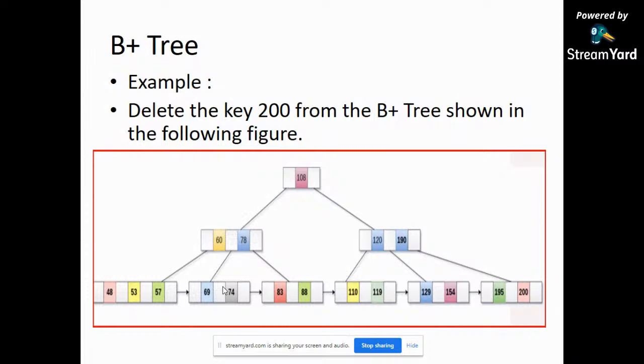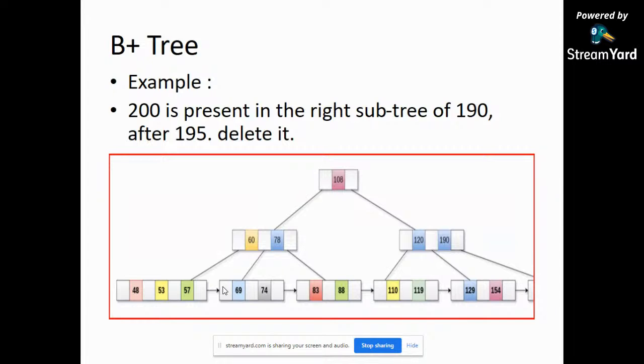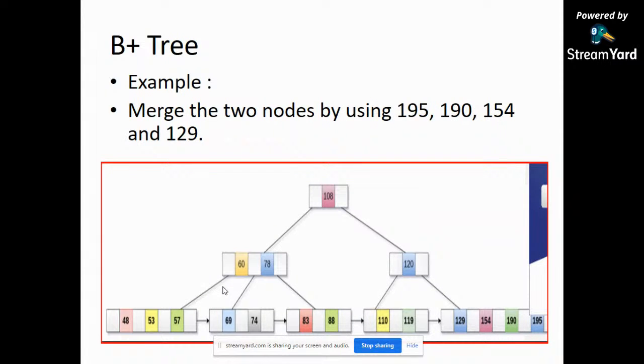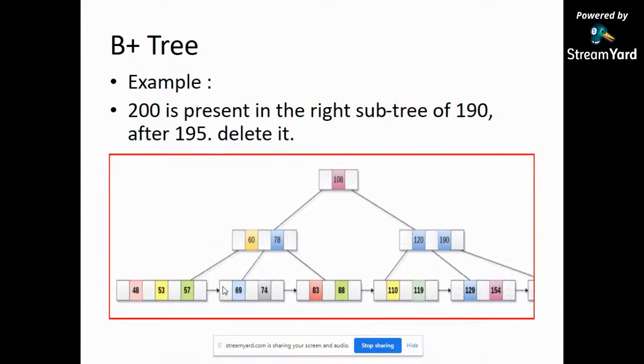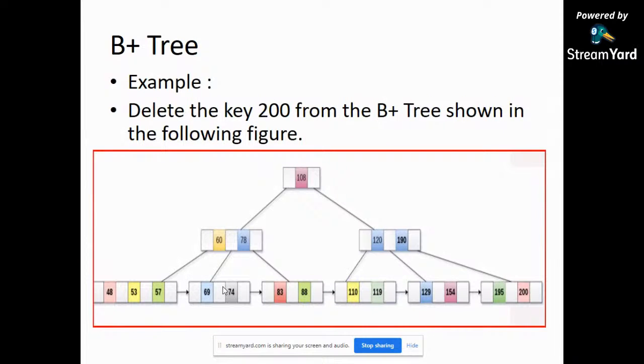For example, we have to delete 200. Now, after deleting 200, we'll have 195. After deletion, 129, 154, there we are having 195 and 200, and we have to delete 200.